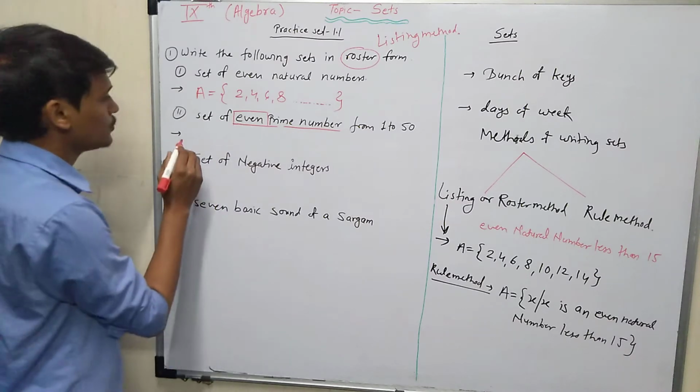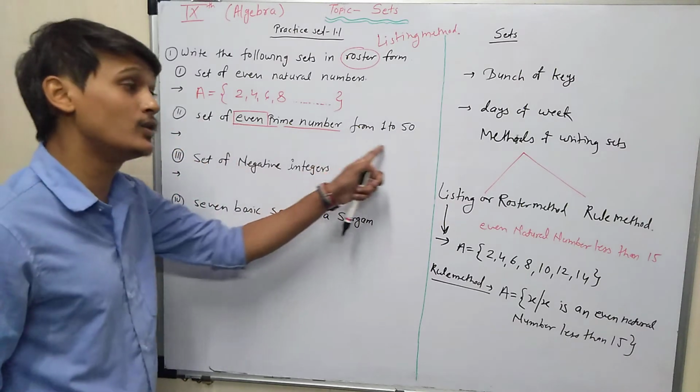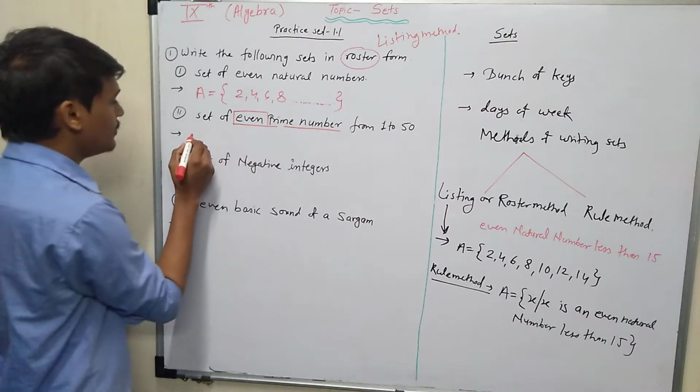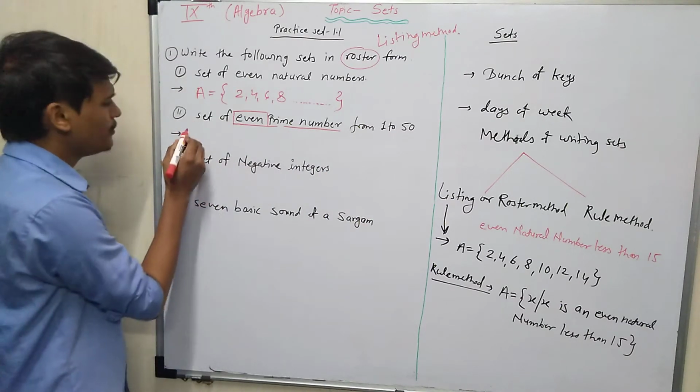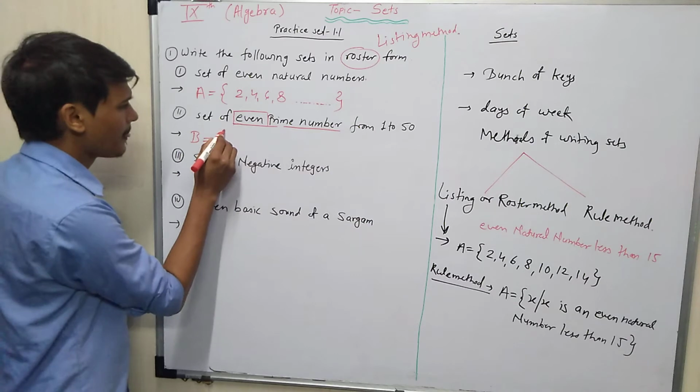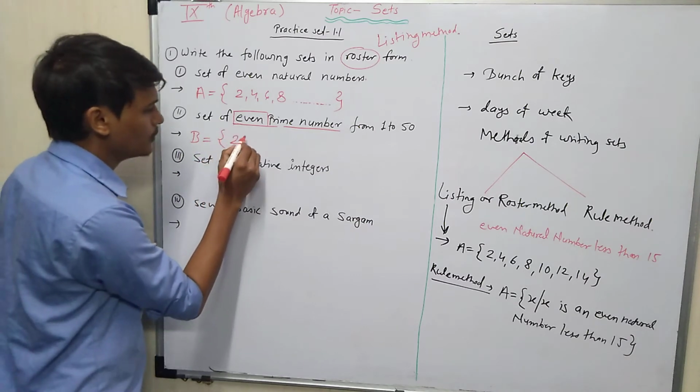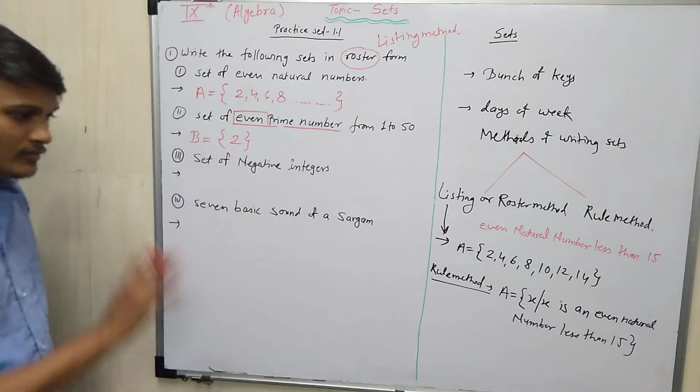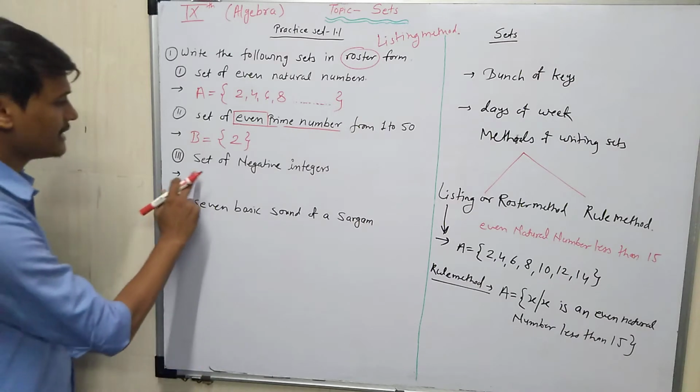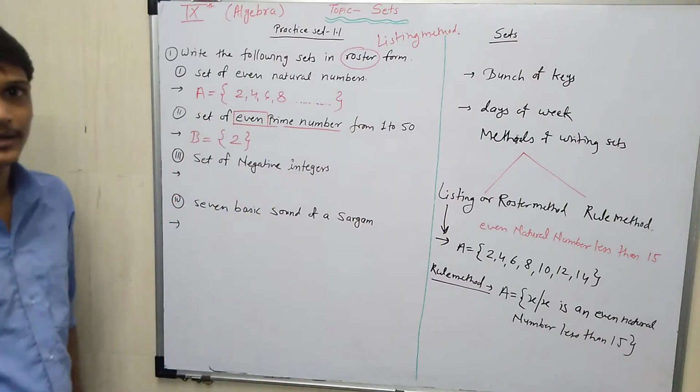Only 2, because 2 is the even prime number from 1 to 50. Then write the set, you can write B also: B is equal to {2}. Clear? Understood?